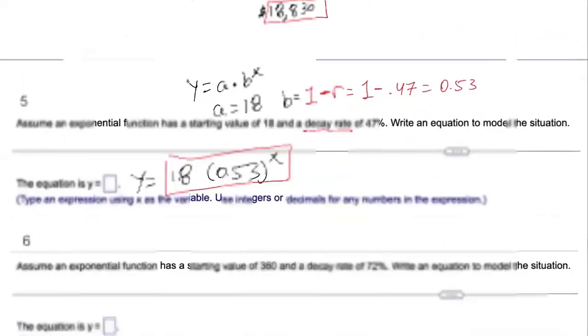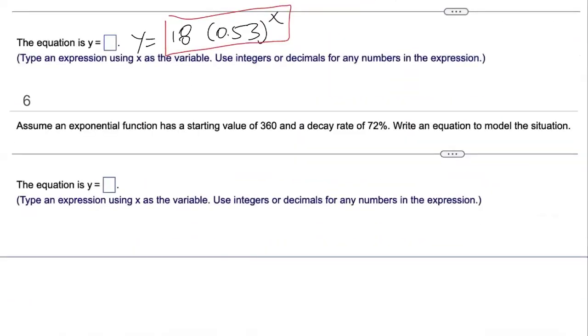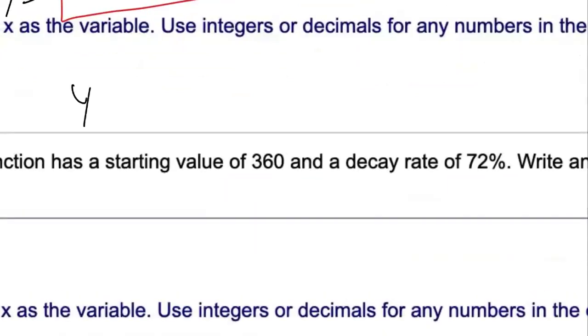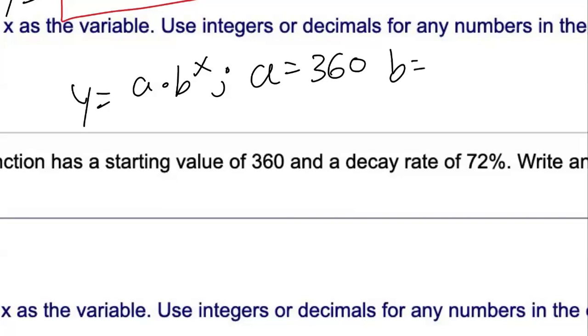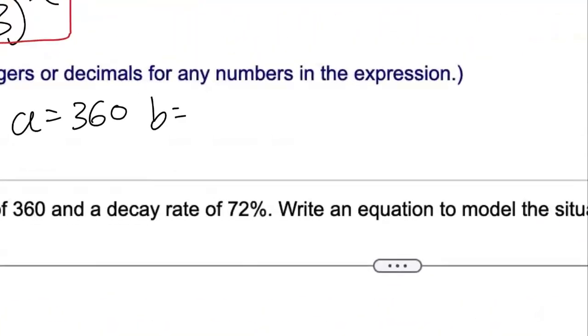See, pretty easy. So for number 6, assuming the exponential function has a starting value of 360 and a decay rate of 72%, write an equation to model the situation. So y equals a times b to the power of x. What's my starting value? What is my b? 1 minus 0.72. So 72% as a decimal is 0.72.